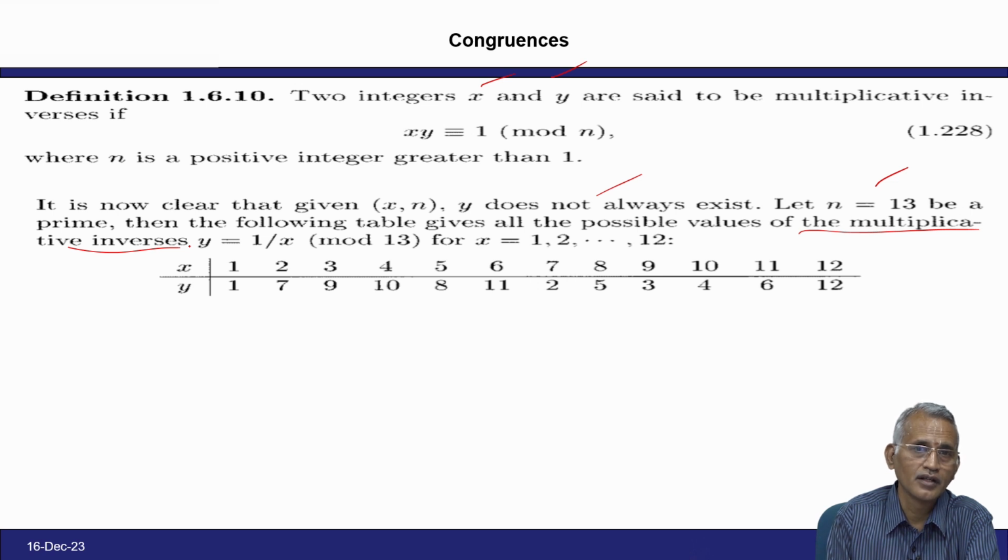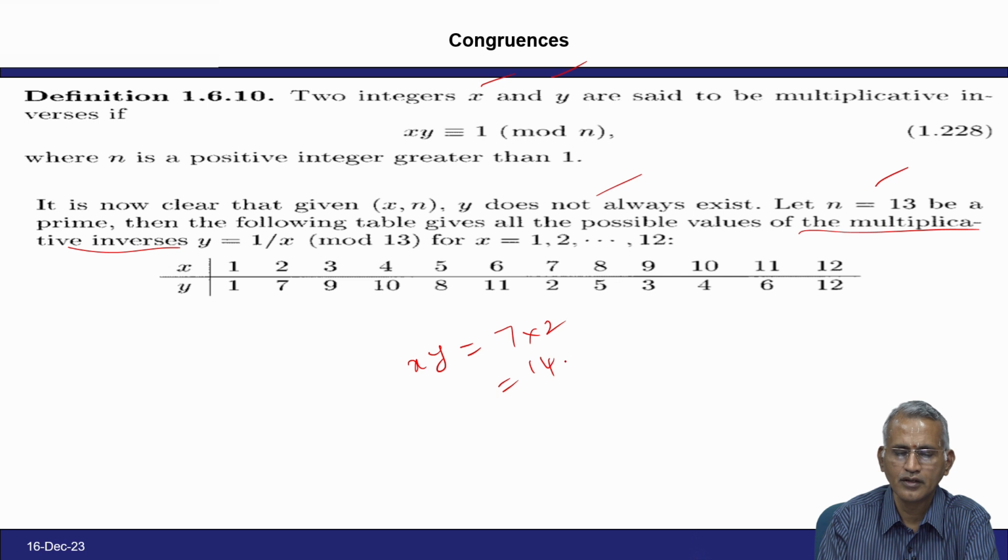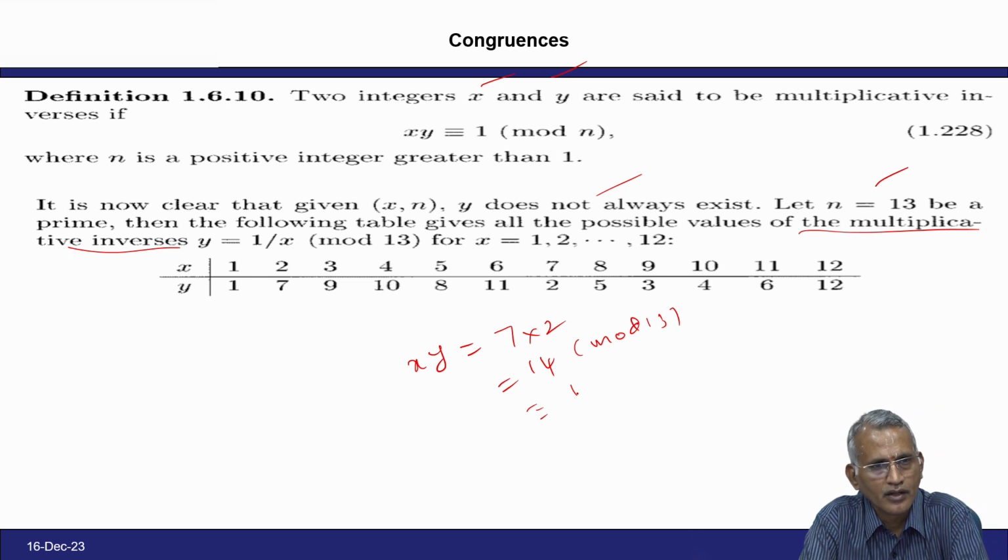So, we have 7. For example, xy equal to 7 into 2 becomes 14. 14 under modulo 13 is identically equal to 1. So, like that you have to check it out.